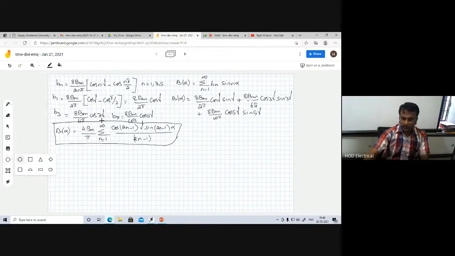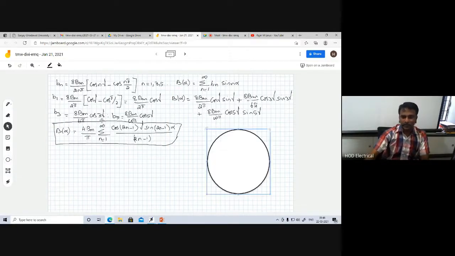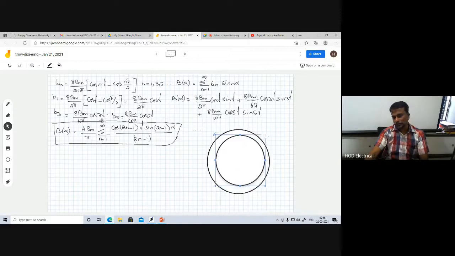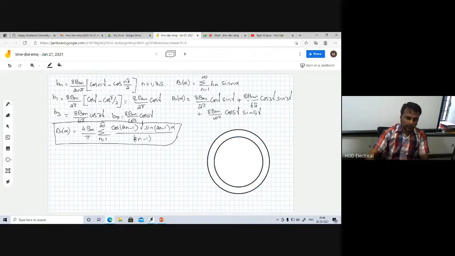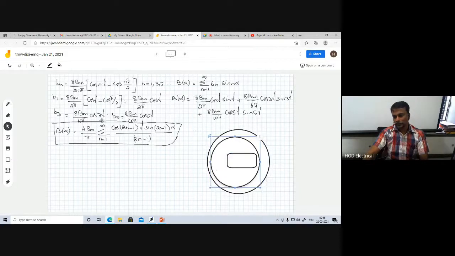This is the stator winding, and the stator has another winding inside it. So this is our stator, and the rotor is placed here.